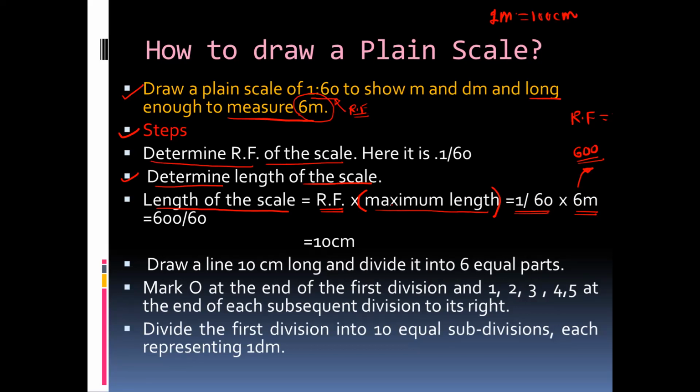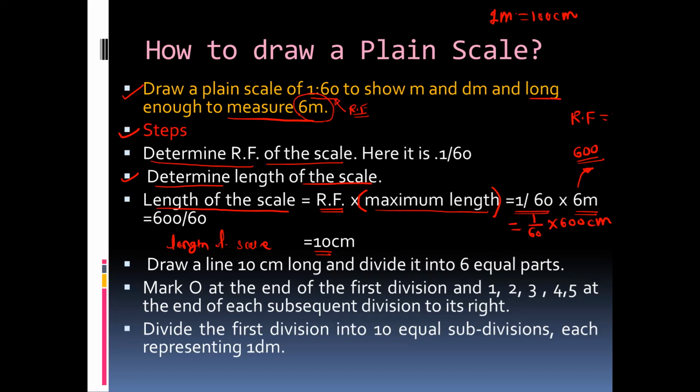So put the value 600. This is equal to 1/60 into 600 centimeter. So finally we will get the length of the scale, that is 600 divided by 60, equal to 10 centimeter.